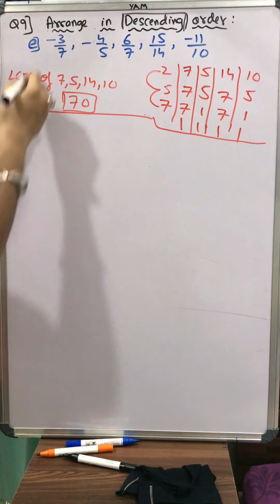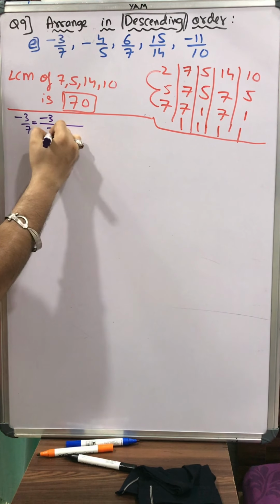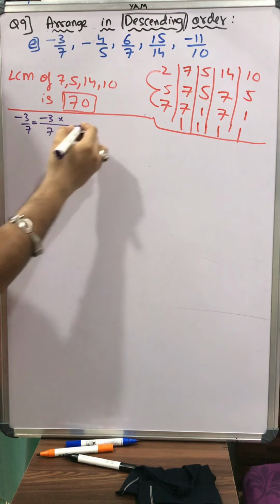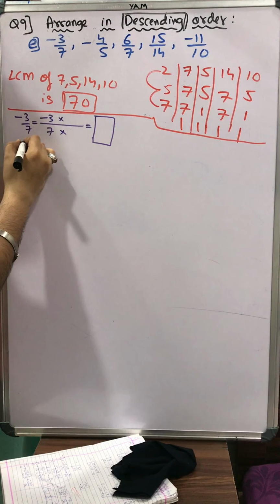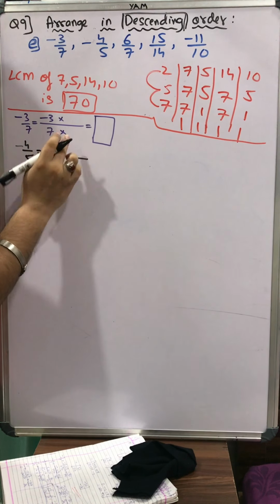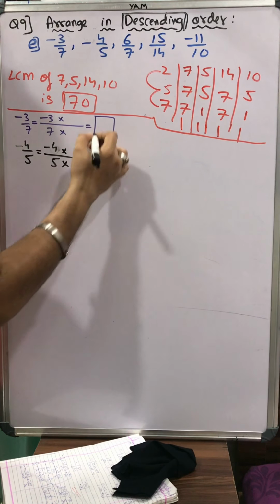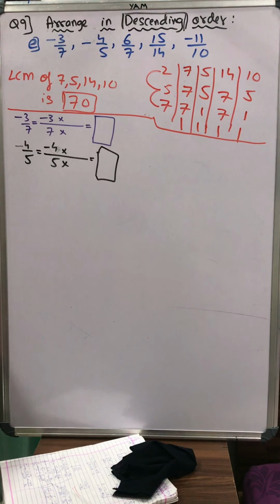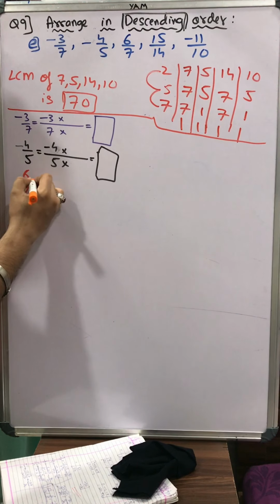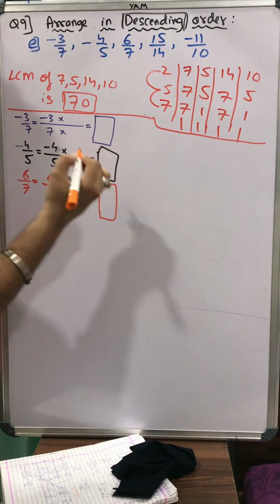Starting with the first one, it's minus 3 upon 7. I'll say minus 3 the whole upon 7, multiply is equal to, then a box. Then minus 4 upon 5. So minus 4 in the numerator, then 5, multiply is equal to a box. Then 6 upon 7 is equal to 6 upon 7, multiply is equal to a box.